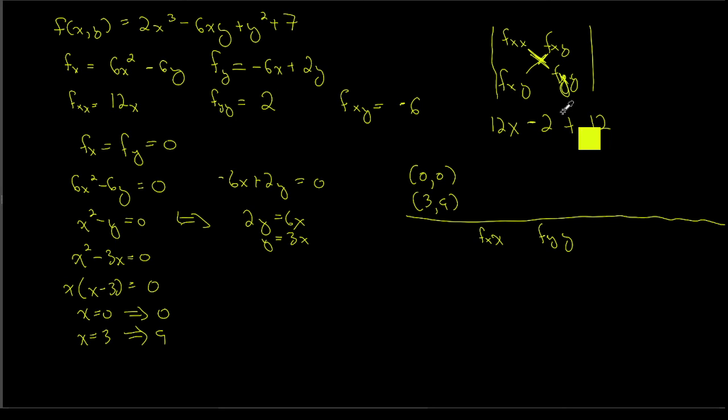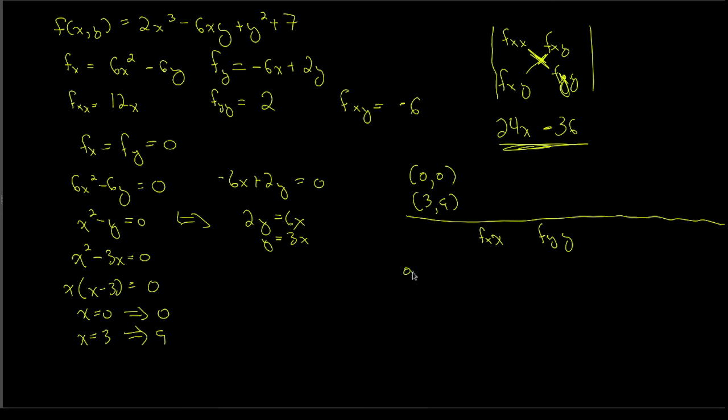Oh, wait, it's going to be 12x times 2, so 24x. And then we have negative 6 times negative 6, that's 36, so minus 36. That's our Hessian, and the sign of the Hessian ends up being our question here.